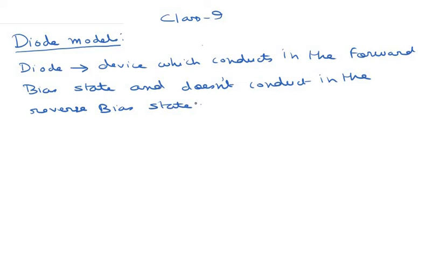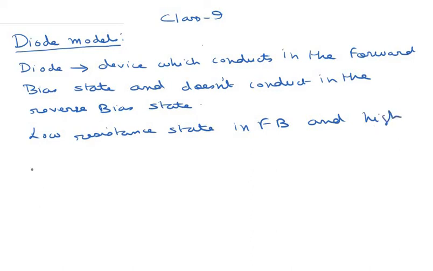Or to state in other words, it is basically a device which has a low resistance state in forward bias and high resistance state in reverse bias.